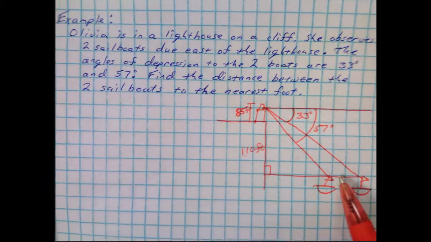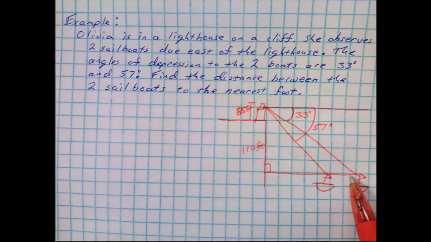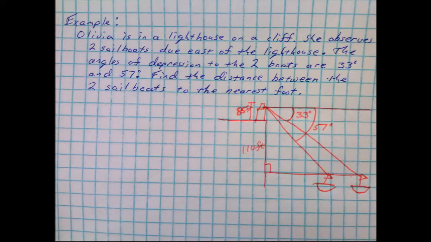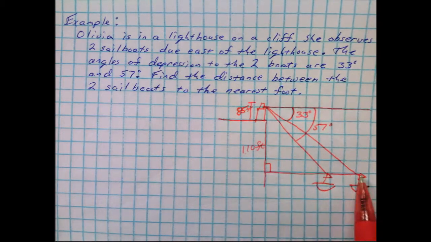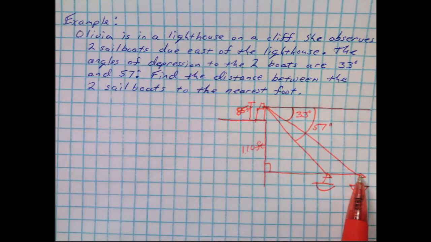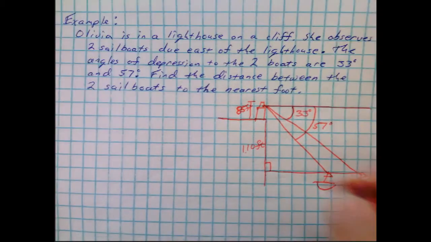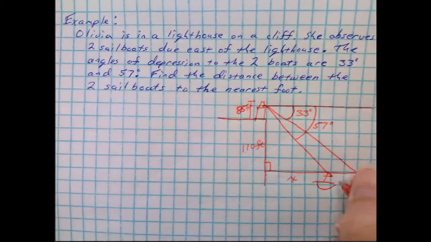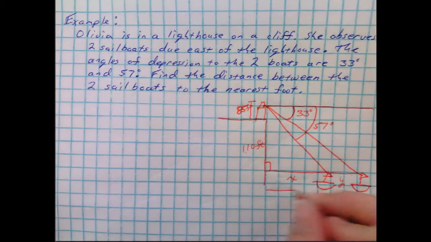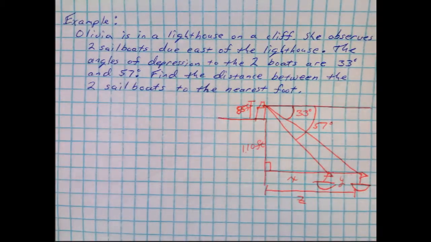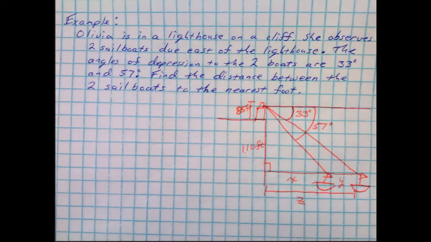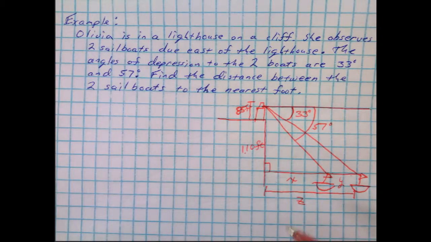Alright, and it wants to know the distance between these two boats. Okay, so we really need to figure out the distance from the cliff to the boats. The cliff to the boats on both of these. So we're trying to find x, y, and we'll call this whole thing z. Alright, so just like we did on the other one, you can do this two ways.